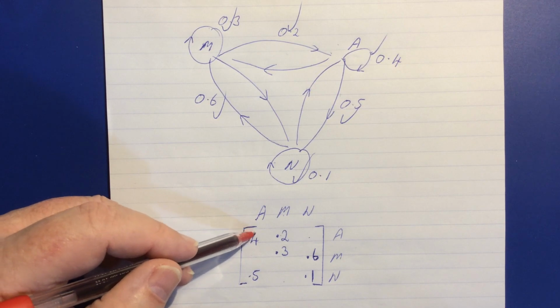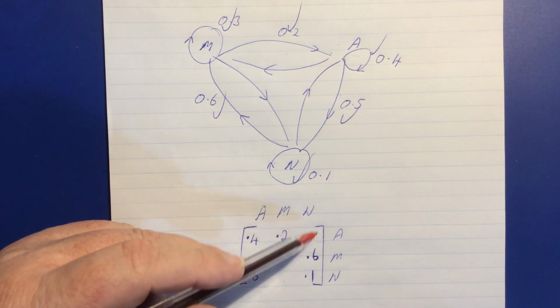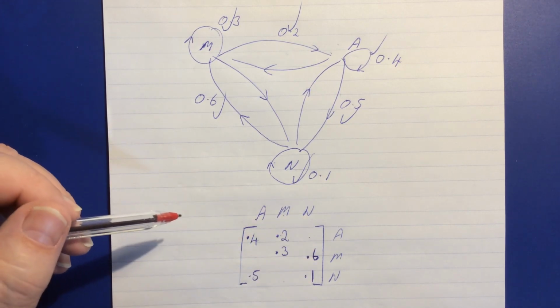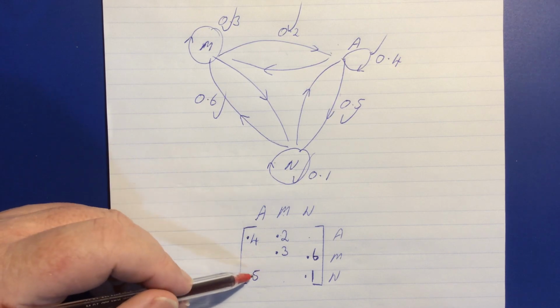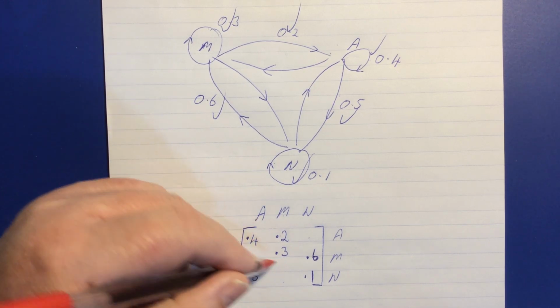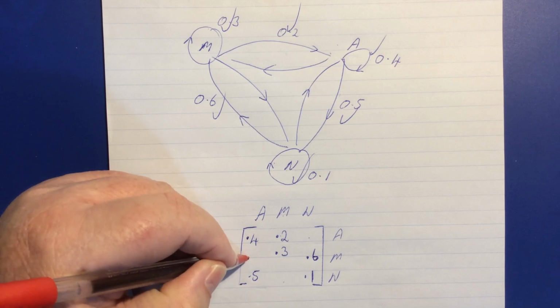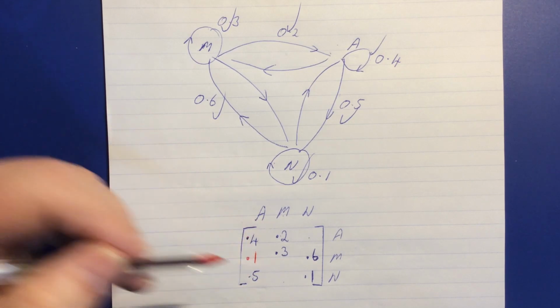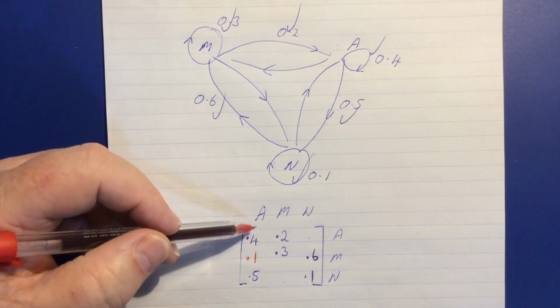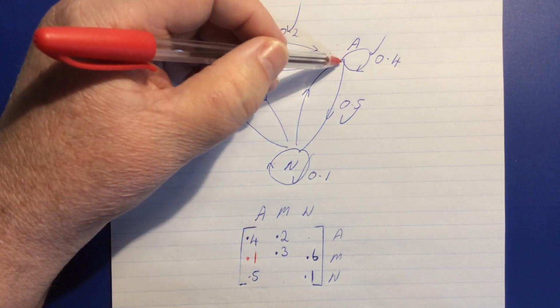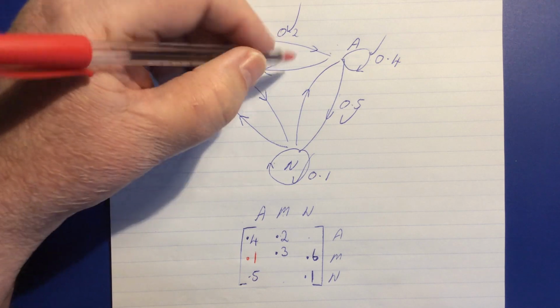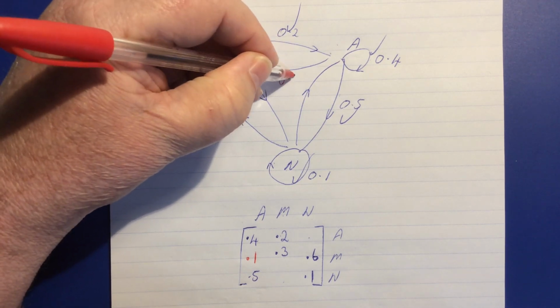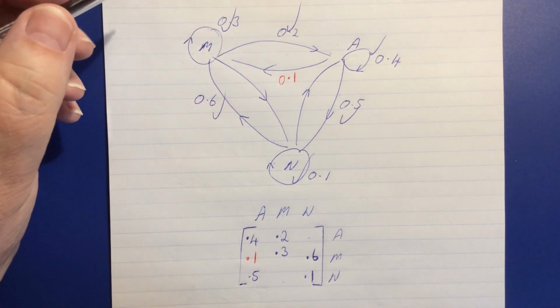But these columns must add to 1. So A to M, I'm going to fill this in red, is going to be 0.1, because 0.4, 0.1 and 0.5 add to 1. So A to M is 0.1. We can fill that in.